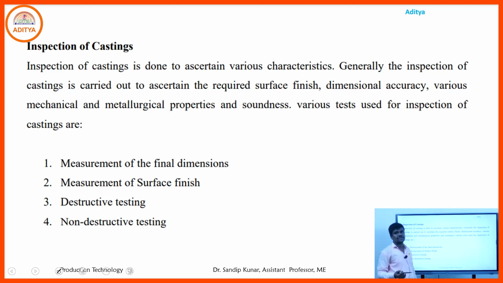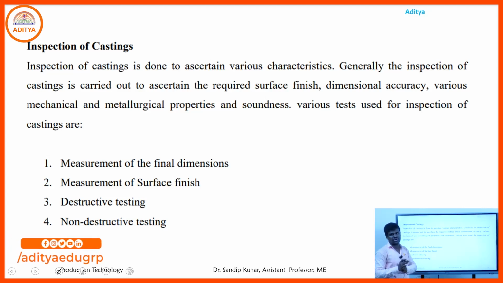What is the inspection of the castings? In that case we check various characteristics: the required surface finish, the dimensional accuracy, whether everything is good or bad, whether everything is accurate or not. We measure the dimensional accuracy using measuring scales or measuring instruments for taking the final measurements.